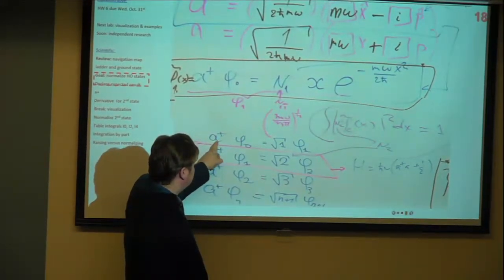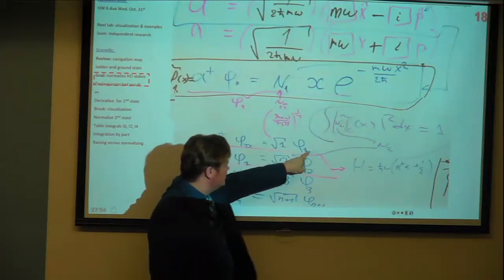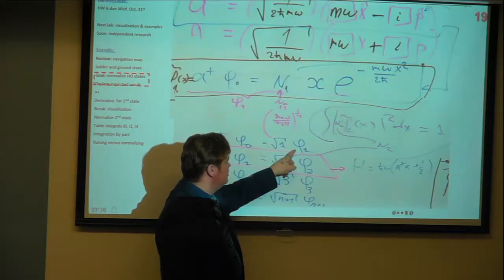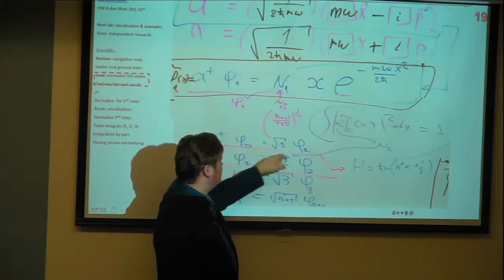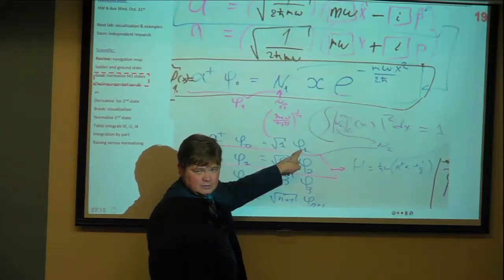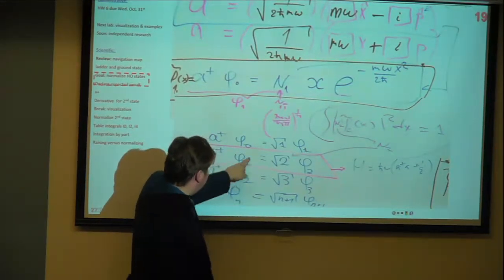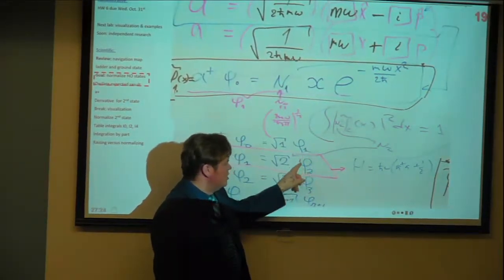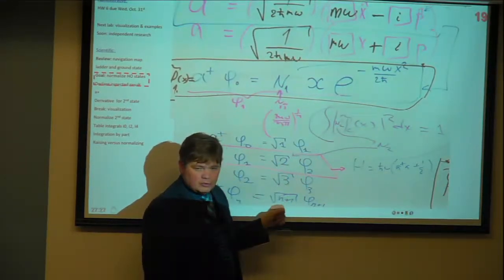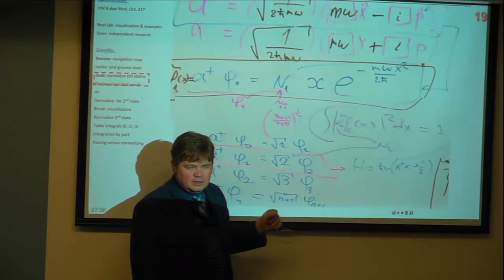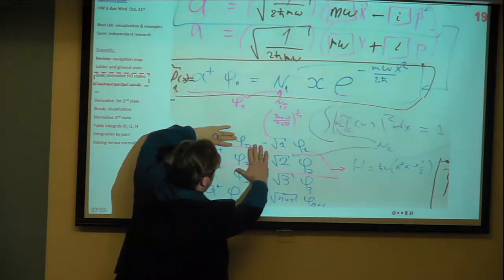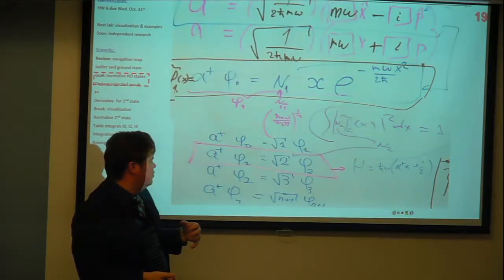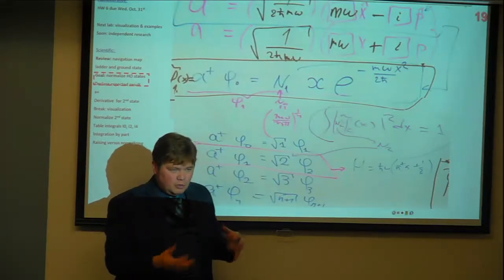If you apply the raising operator to the ground state, you'll get the first excited state multiplied by square root of 1, which means the normalization factor, which was for the ground state, will stay the same for the first excited. If you then take the first excited and apply the raising operator once again, you'll get the true, correct second excited state multiplied by a factor of square root of 2. If you find this function and then normalize it, we will discover that one needs to multiply it by square root of 2 in order to have it normalized.